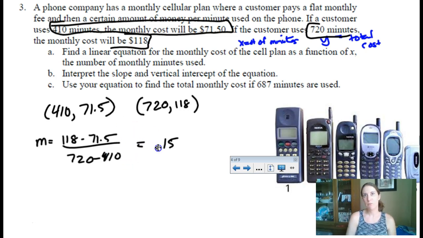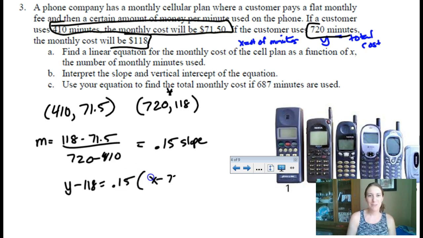I know normally our slope is a fraction, but remember we're working with money, dollars and cents. The 0.15 probably makes more sense for our information here. If you really wanted to turn this back to a fraction, I guess you could. That's our slope. We're going to talk about what that means in a second, and then we're going to use our favorite point. I don't think I have one. I'm going to go with this one because I don't like decimals. All right, y minus 118 equals, I have to use a decimal, 0.15 times (x minus 720).